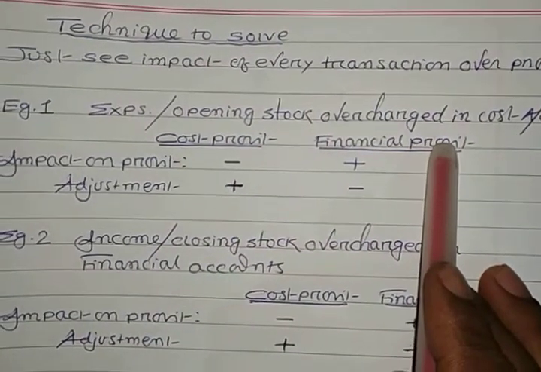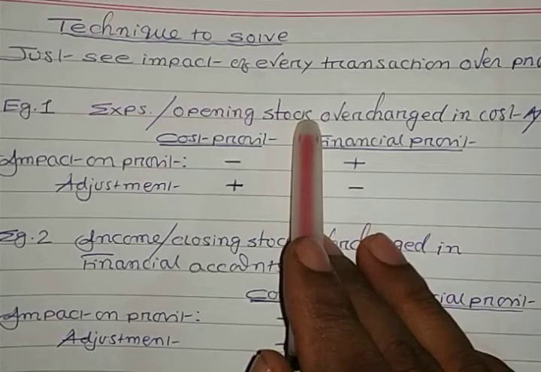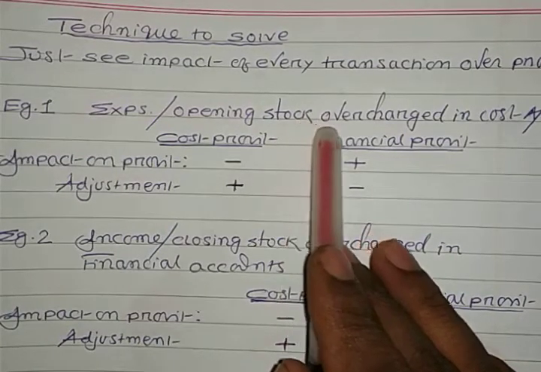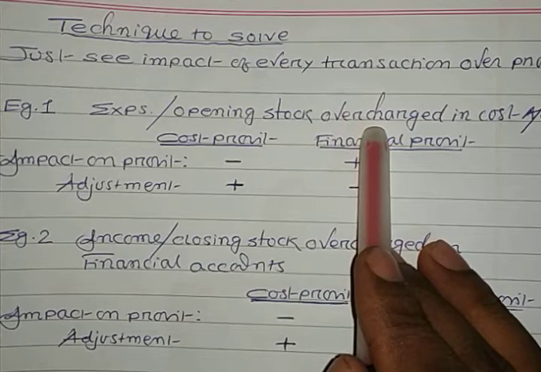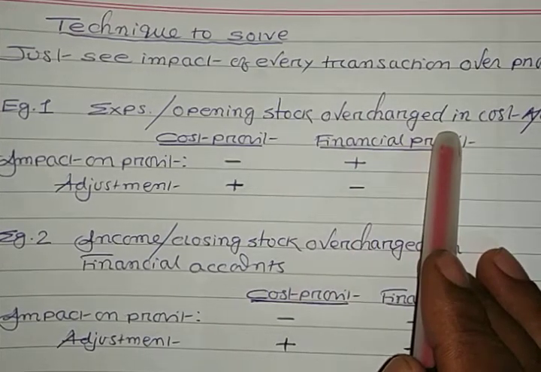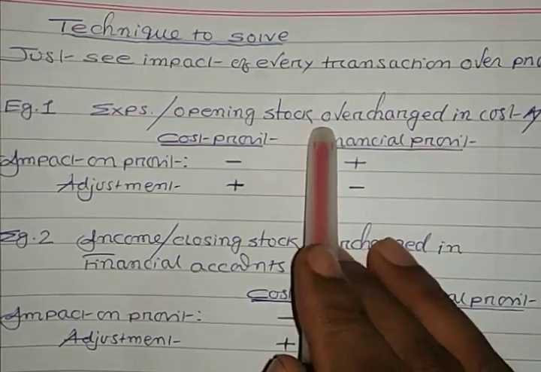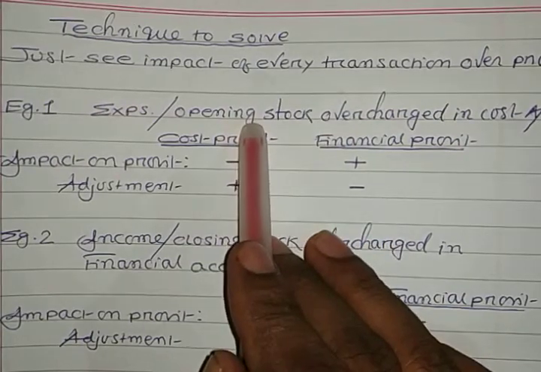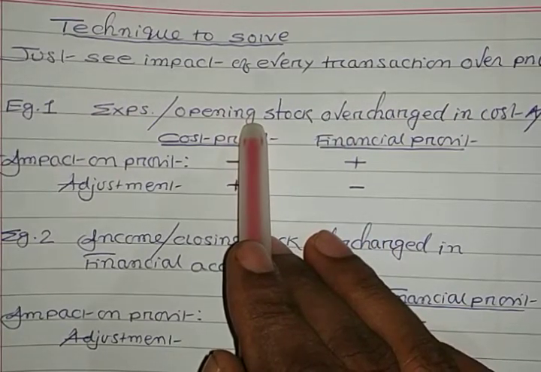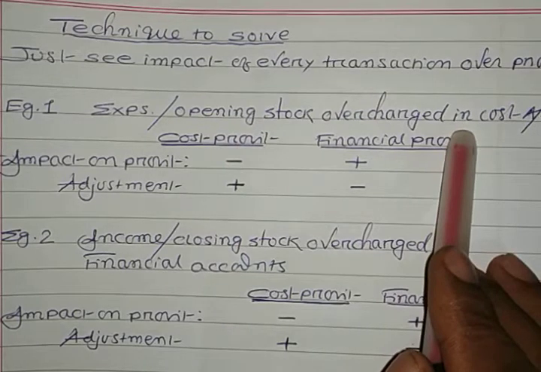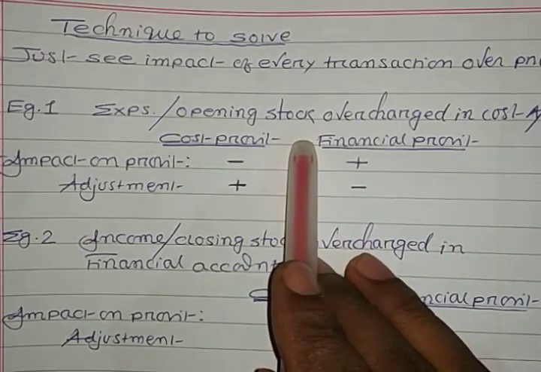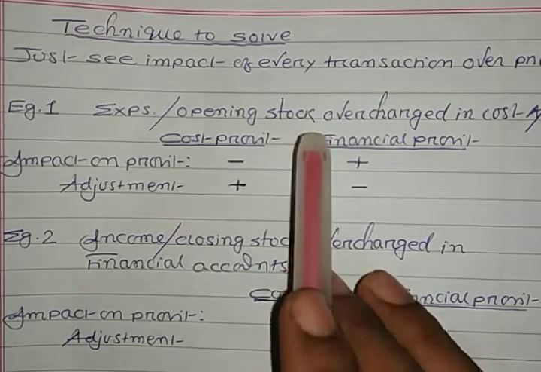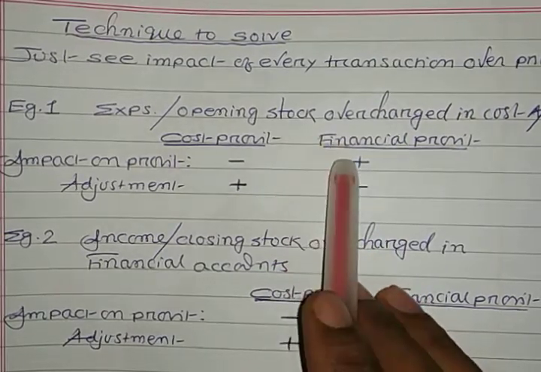Now you see, these are the expenses where overcharge is recorded in cost account. That means if more expenses are recorded in cost account, that means profit will be what? Decrease in cost account, right? In cost account, profit will be decrease.